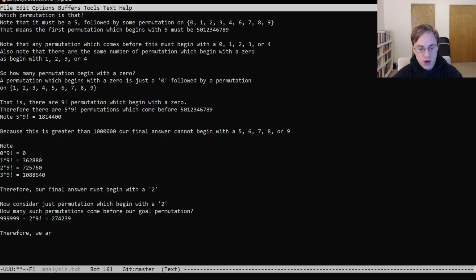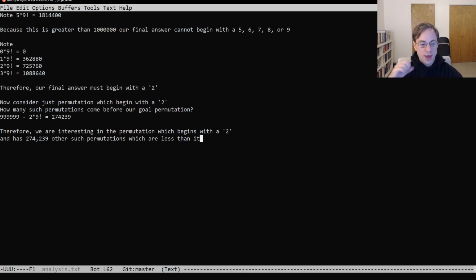Therefore, we are interested in the permutation which begins with a 2 and has 274,239 other such permutations which are less than it.